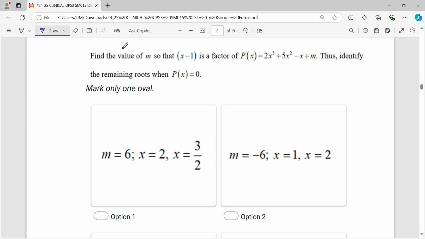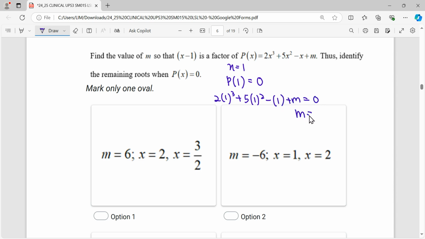Next, find the value of m, given that x minus 1 is a factor of the polynomial. When x minus 1 is a factor of the polynomial, it means x is equal to 1. We substitute into the polynomial, it is supposed to get 0. So 2 times 1 cubed, 5 times 1 squared, minus 1 plus m, equals 0.